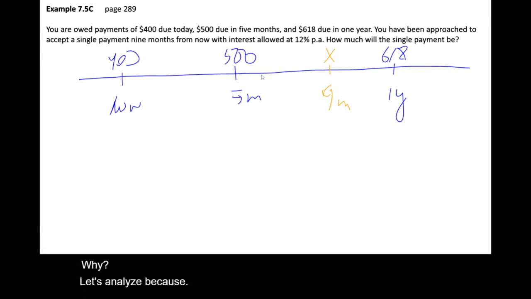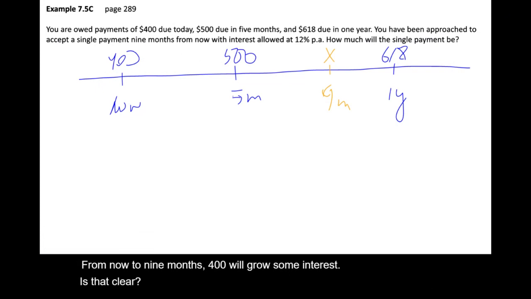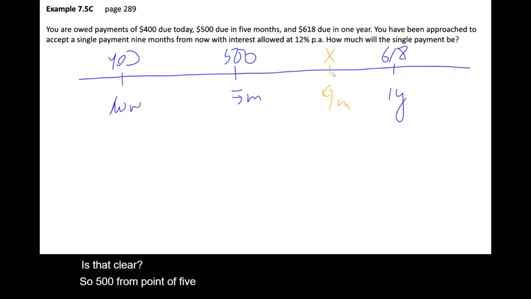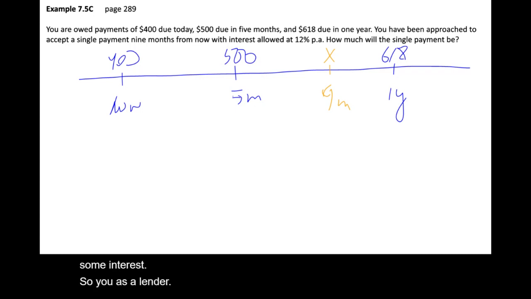Because from now to 9 months, 400 will grow some interest. Is that clear? And 500, from the point of 5 months to the point of 9 months, will also grow some interest. So you as a lender don't want to lose your interest.